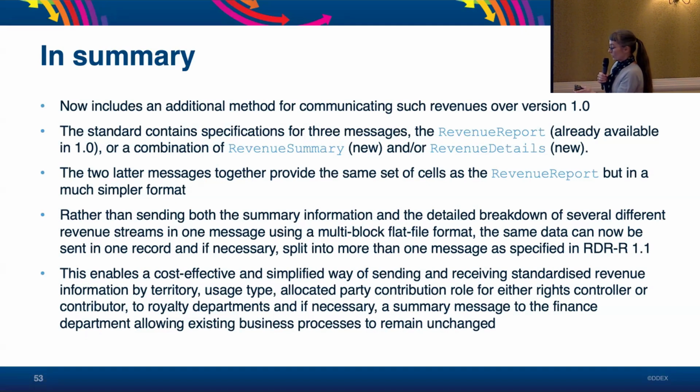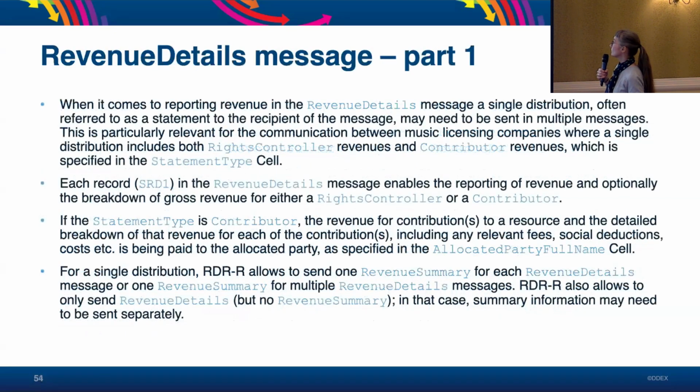And I would like to concentrate now just on those two messages that we call revenue summary and revenue details. So the important message, as Steffen mentioned, is really the revenue details. And it is also the only one that is mandatory. The revenue summary message is an optional message.